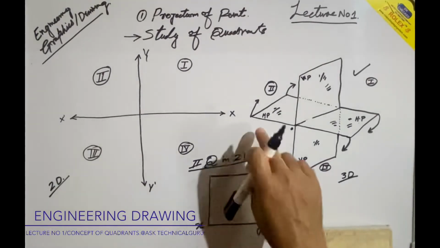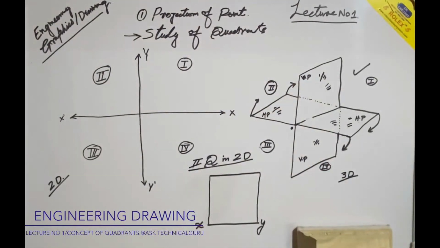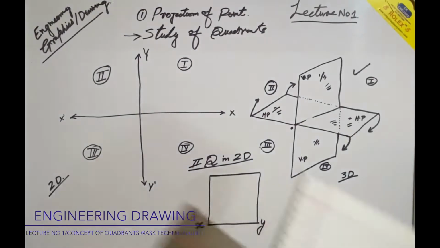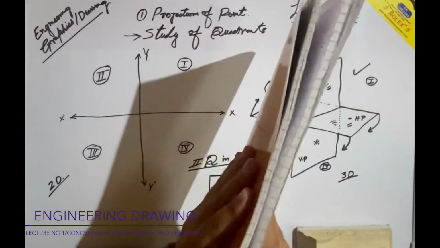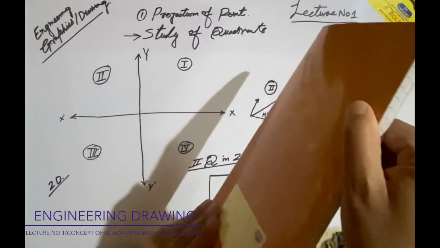As you know, we have to give the same rotation as I have previously shown you: this is the horizontal plane, this is the vertical plane. In the second quadrant, it will rotate like this, and the two planes will coincide.